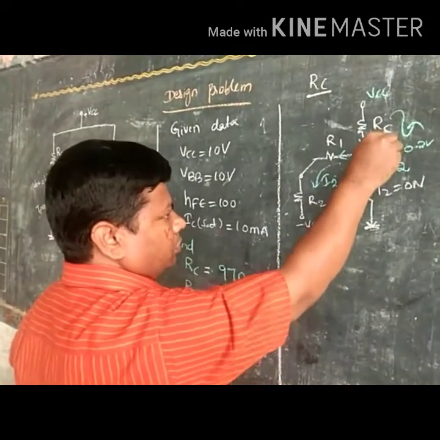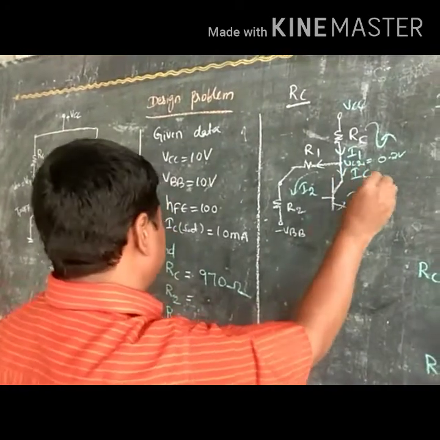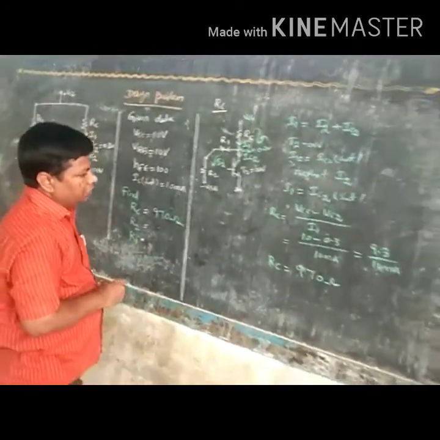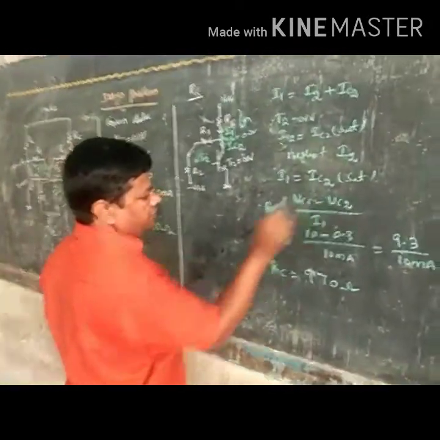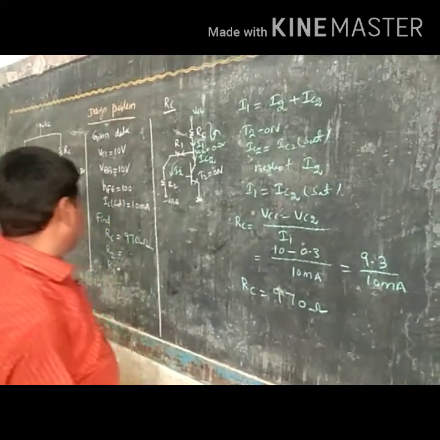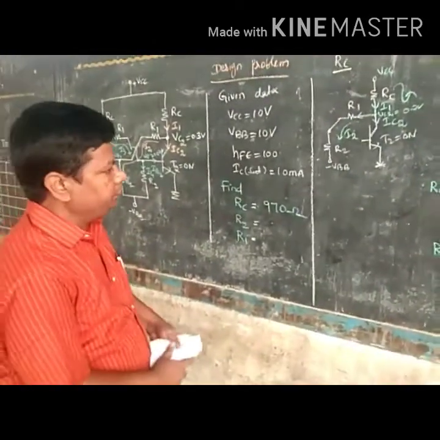I1 is approximately equal to IC2, which is the saturation current given in the specifications. Now apply KVL to the output loop. Then RC is equal to VCC minus VC2 divided by I1, which gives RC as 930 ohms. Now coming to the second, R2.